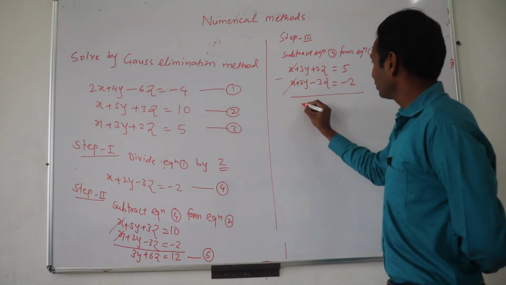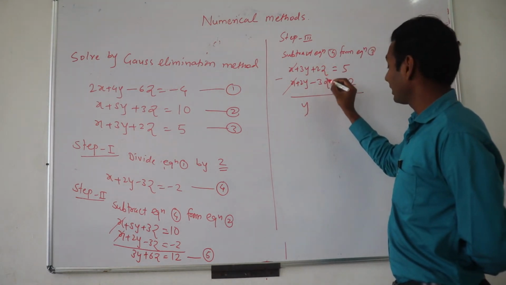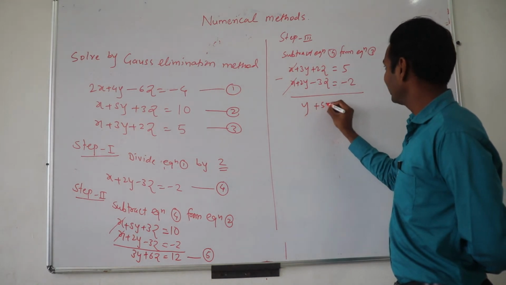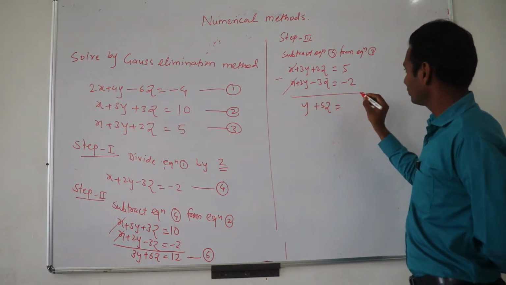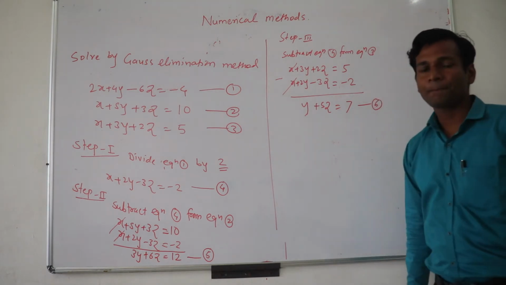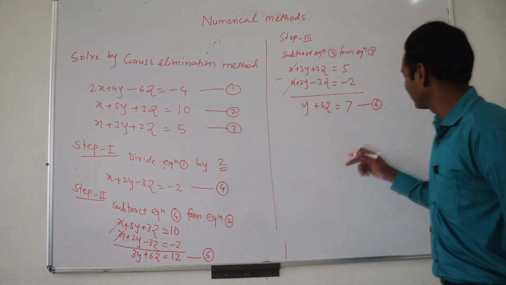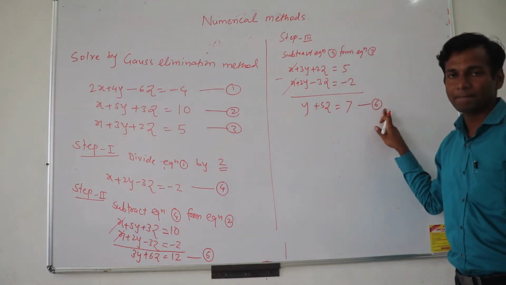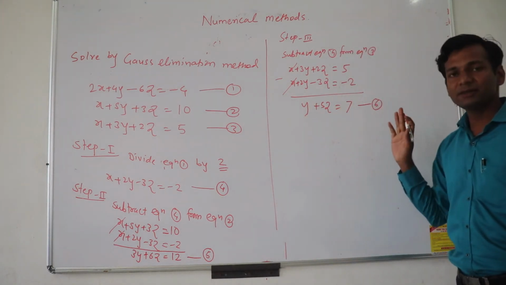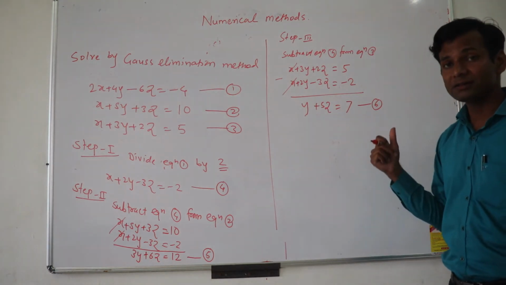So 3y minus 2y becomes y, 2z minus minus 3z becomes 5z, and 5 minus minus 2 becomes 7. This is our equation number 6. Now this is equation number 5, this is equation number 6. Now x is eliminated, and we get two equations in y and z.